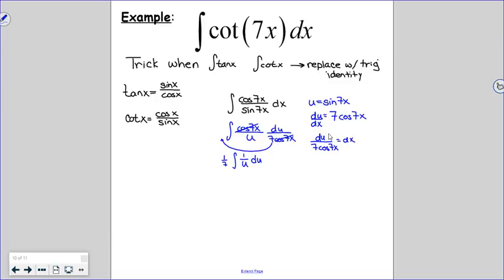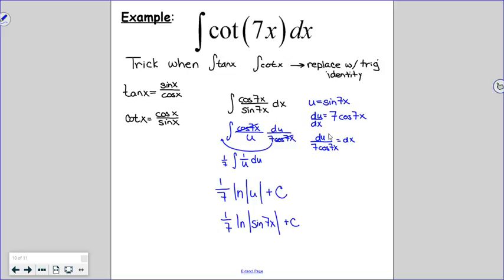We have seen this one now over and over recently, the antiderivative of 1 over u. Natural log of absolute value of u. And my last step, sub in for u, sine 7x. Two questions.